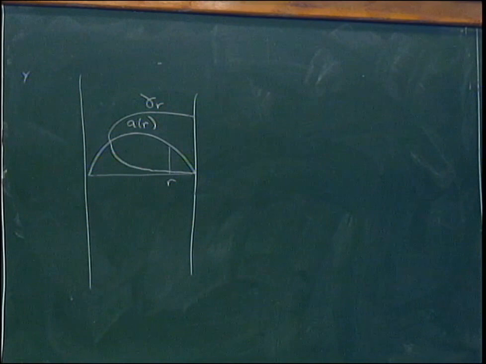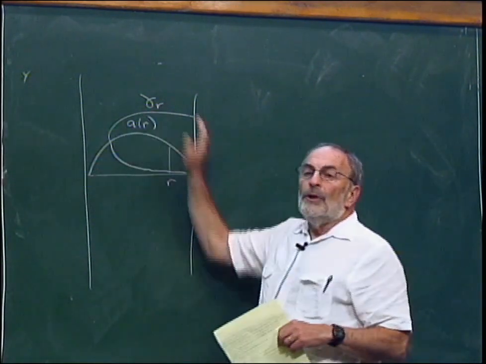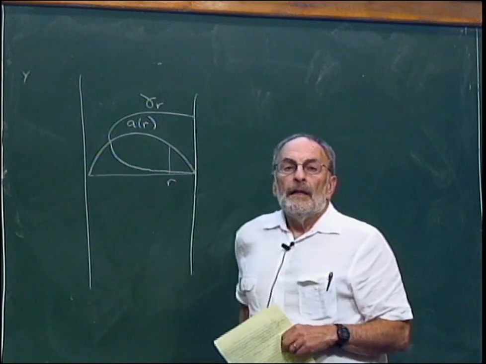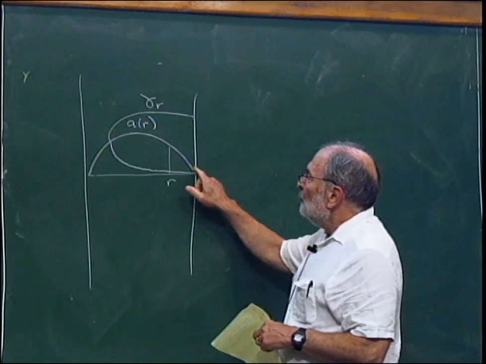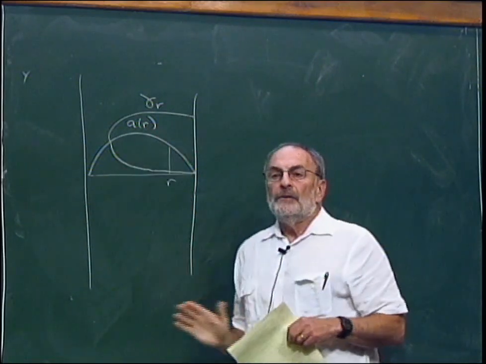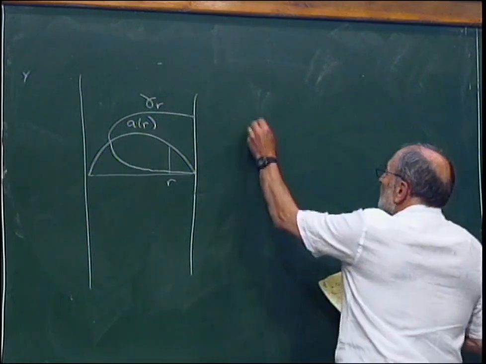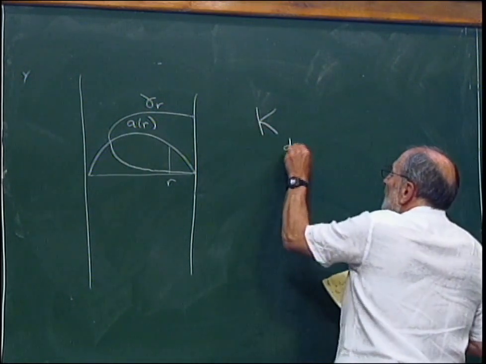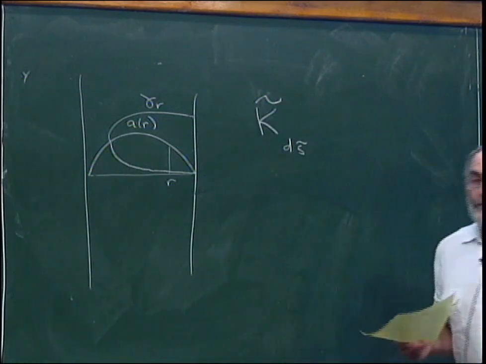I then want to know, do these geodesics foliate? And I want to tell you that this picture is correct for A of R, at least for a while. So I take this metric, ds tilde, and it's a metric on a surface.